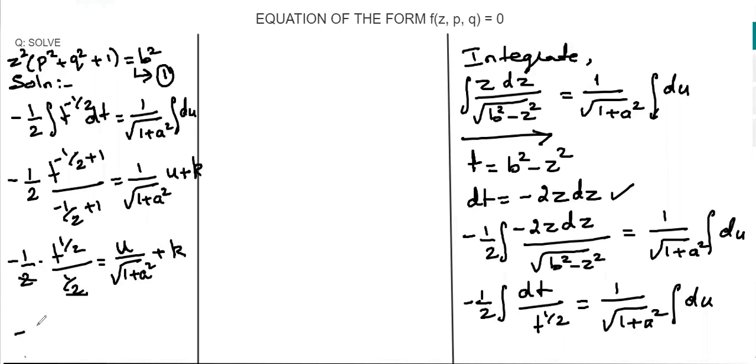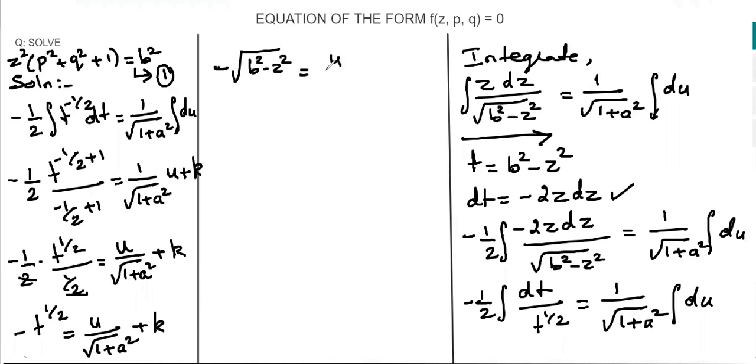So negative t to the power half equals u over square root of 1 plus a square plus k. And what is t? Just apply the value: t is b square minus z square, so negative square root of b square minus z square equals u over square root of 1 plus a square plus k.